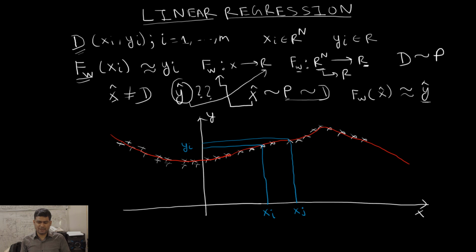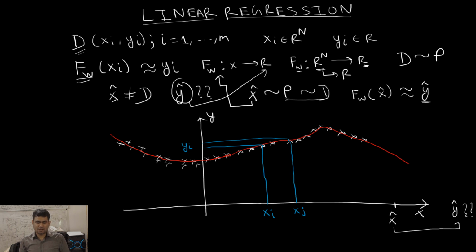But what if a new point x hat arrives? Let's assume that this is our new x hat, and you want to get its corresponding value y hat. You may ask, how do we do this?